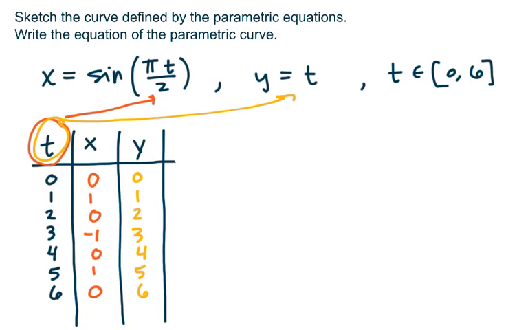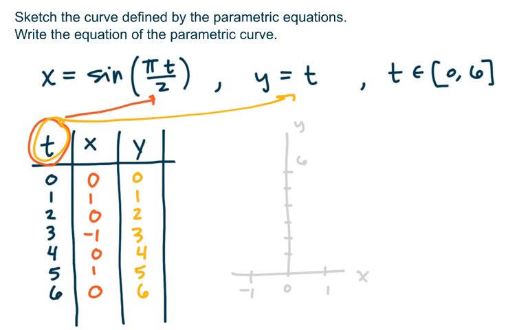So if we were to now consider what this graph might look like. I've got x and y. On my horizontal x-axis, I have -1, 0, and 1. And then I'm going to count up 6 on my vertical y-axis: 1, 2, 3, 4, 5, 6. I'll try and do this as neatly as I can.